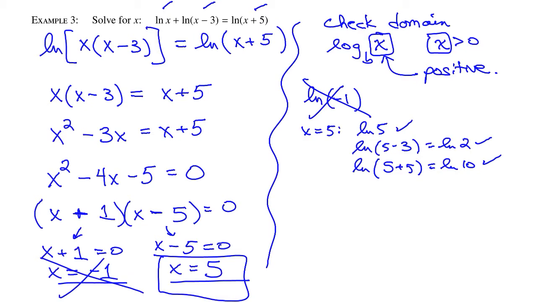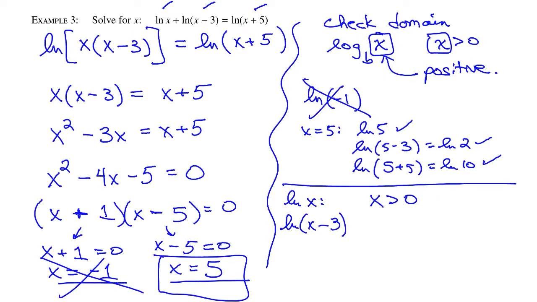Another way to think about this is to produce the domains of each of these functions. The natural log of x has a domain of x greater than 0. The natural log of x minus 3 has a domain of x greater than 3. And the natural log of x plus 5 has a domain of x greater than negative 5.